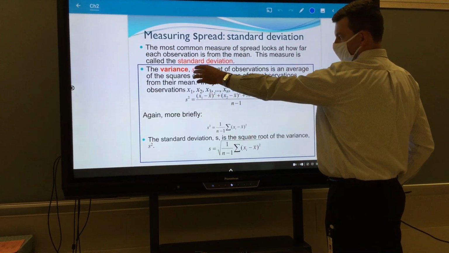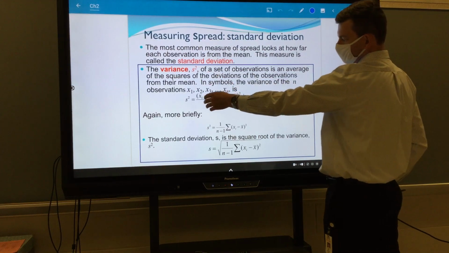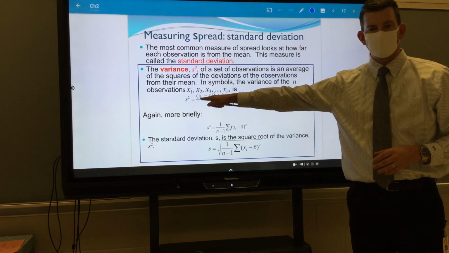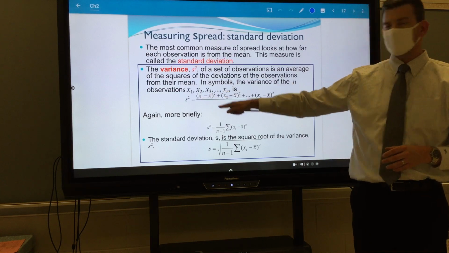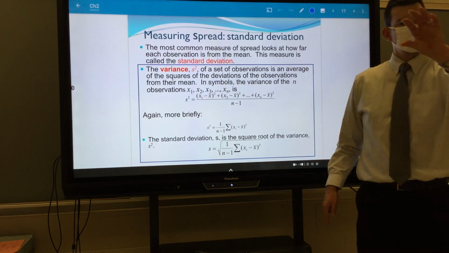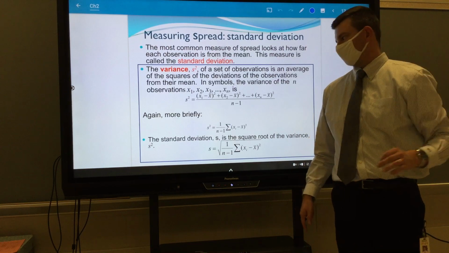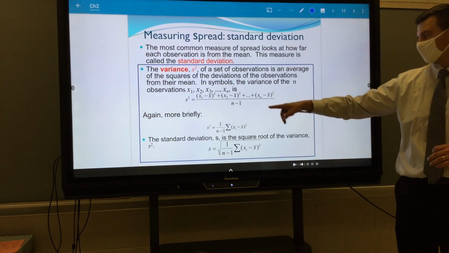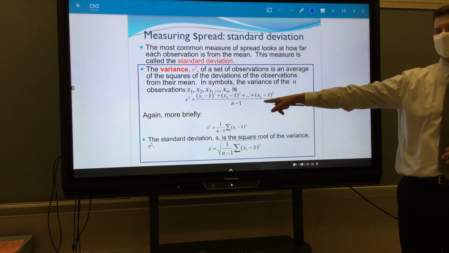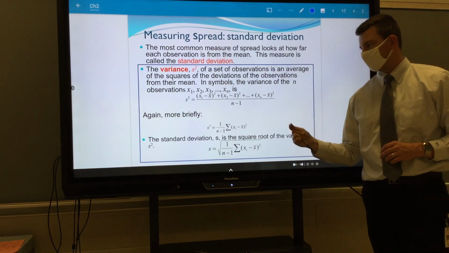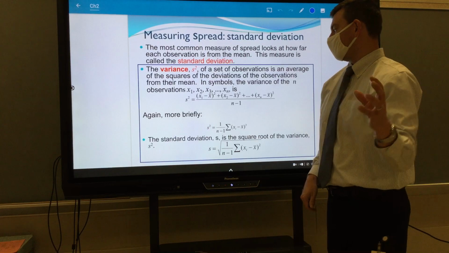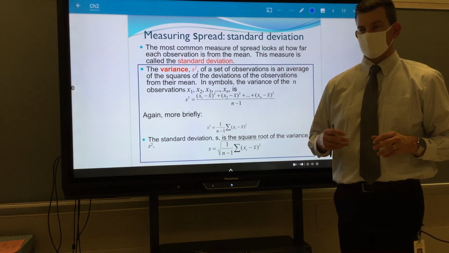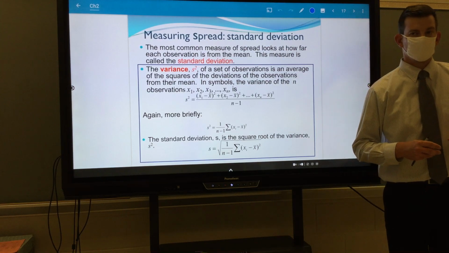S squared. S is standard deviation, so S squared is variance. X1, our first data value, minus X bar. A point minus the mean. X2 minus the mean. X3 minus the mean. All the way up through our last term, X sub n minus the mean. Now, some of these values are bigger than the mean, some of these values are smaller than the mean.